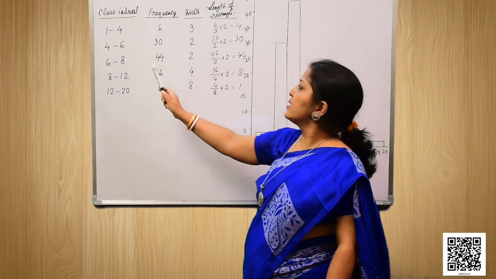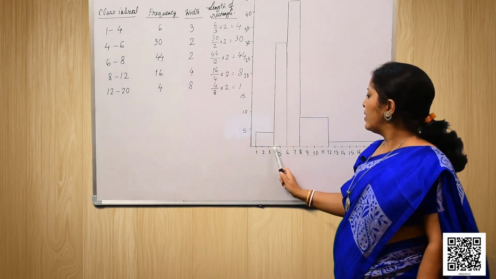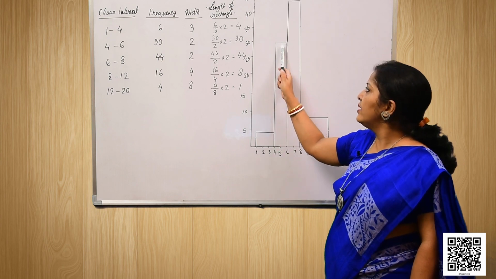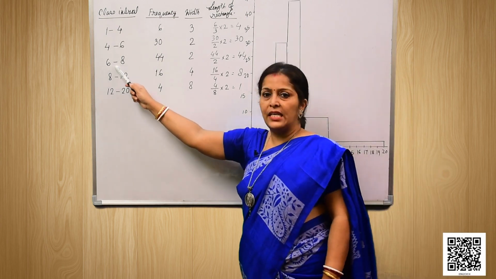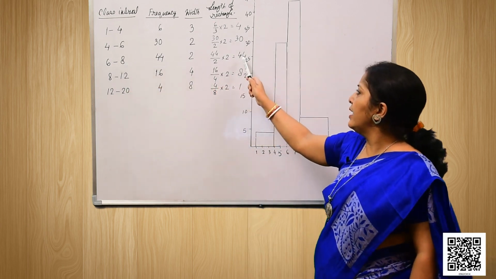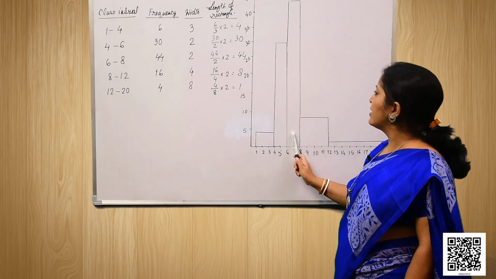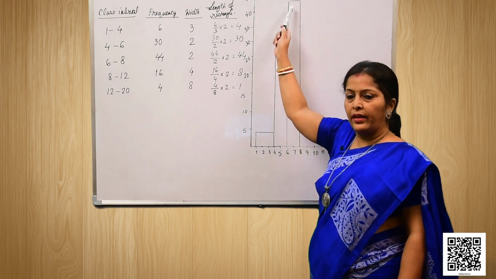Then in the next class 4 to 6 the length of the rectangle is 30. So in this class 4 to 6 the length of the rectangle is up to the mark 30 on the vertical line. Next class 6 to 8 the length of the rectangle is 44. So on top of 6 and 8 we draw the rectangle up to the mark 44 along the vertical line.